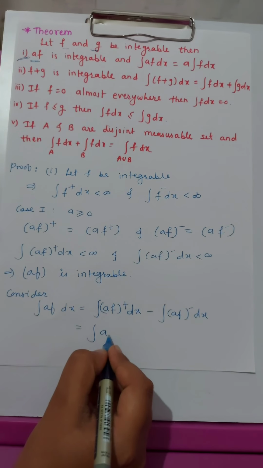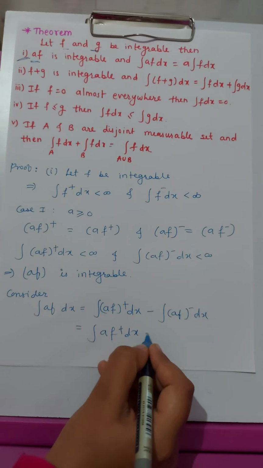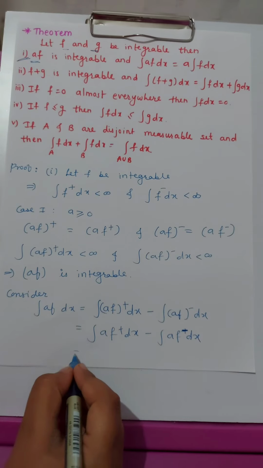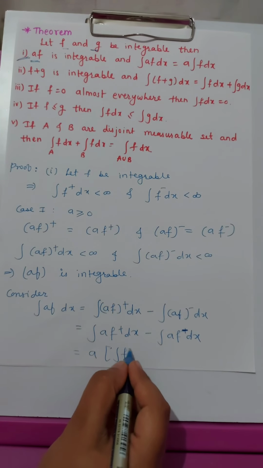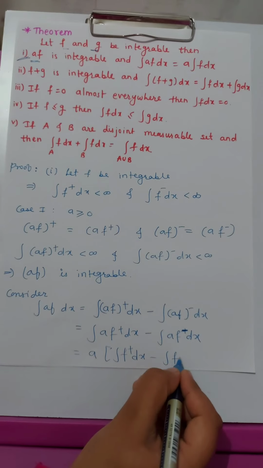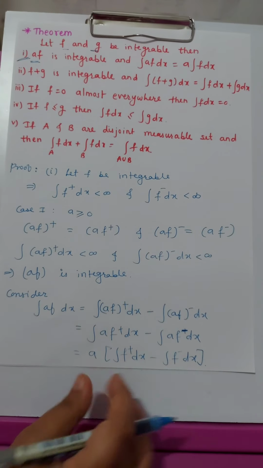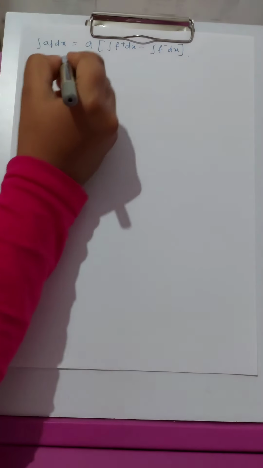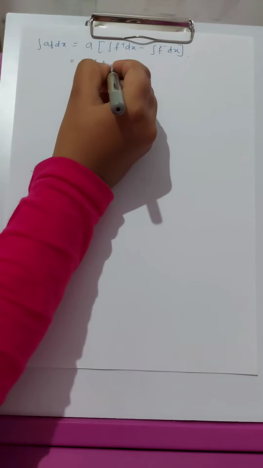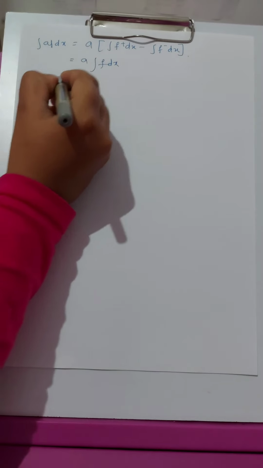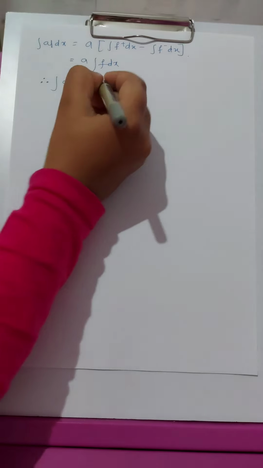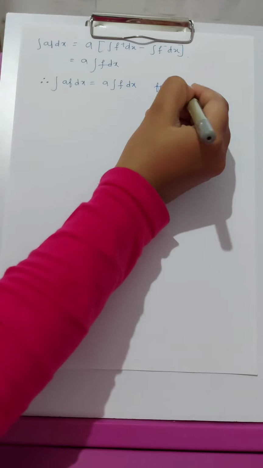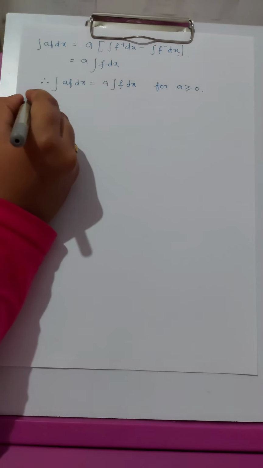So this implies integration of a f plus dx minus integration of a f minus dx, which is equal to a into integration of f plus dx minus integration of f minus dx, and by definition this is integration of f dx. So by definition this is equal to a into integration of f dx. Therefore integration of af dx is equal to a into integration of f dx for a greater than or equal to 0. Now case 2.